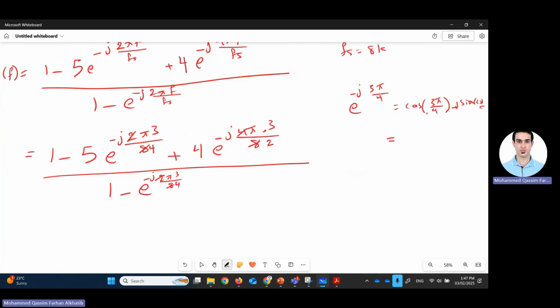What is cosine 3 pi over 4? Square root of 2 over 2, so it's negative 0.707. So negative 0.707 minus j, same thing.